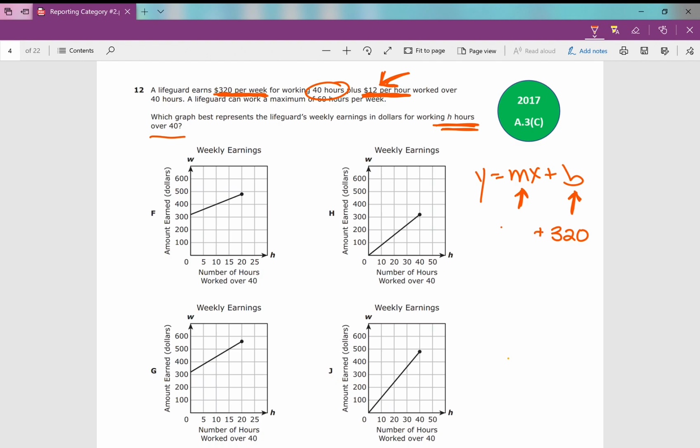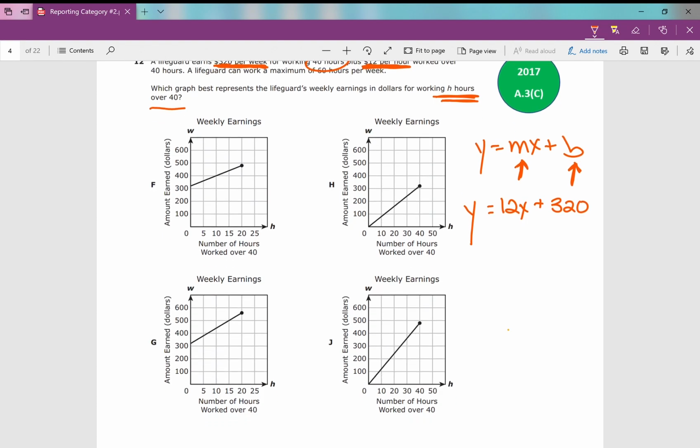Then if we add $12 per hour, I should make that an X, worked over 40 hours, that's going to give us his weekly earnings. Okay, which one of these represents that? This is a really difficult question. Okay, so the first thing I'm going to look at is right here. That's my y-intercept, $320. Which ones can I eliminate?